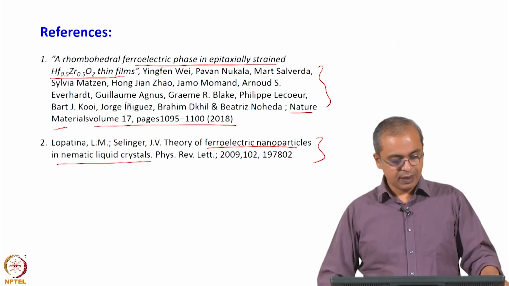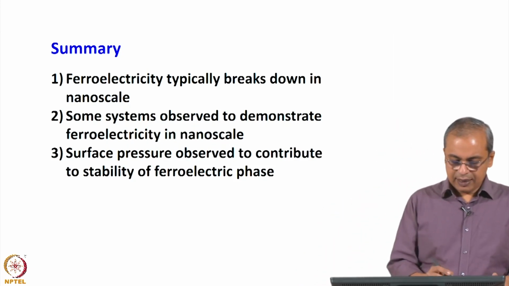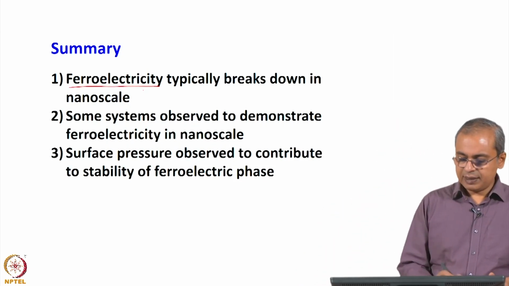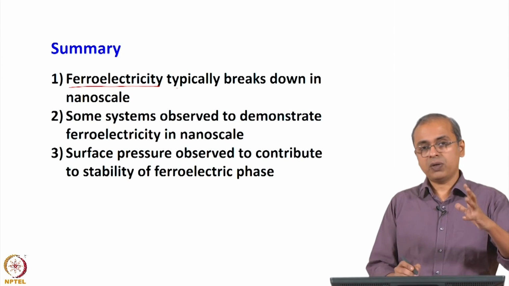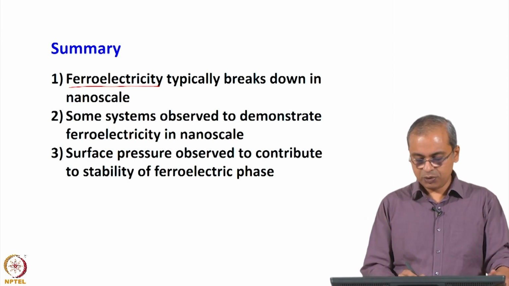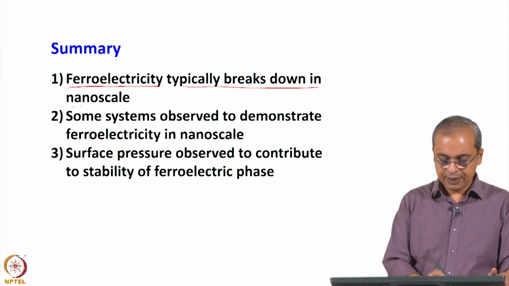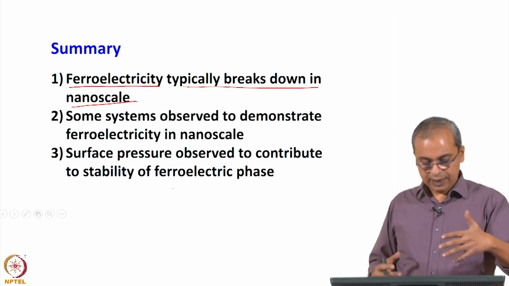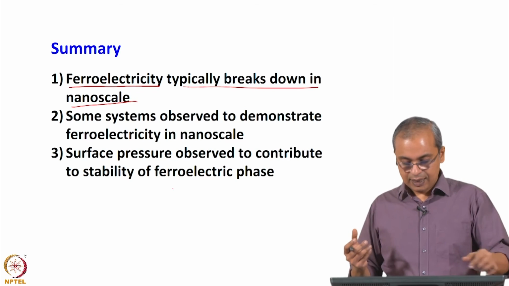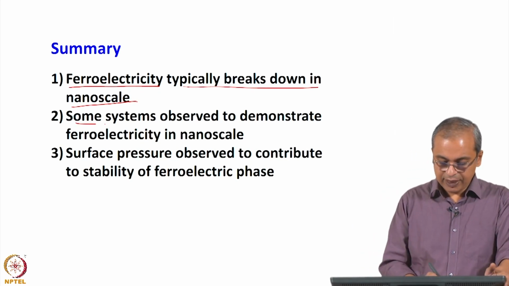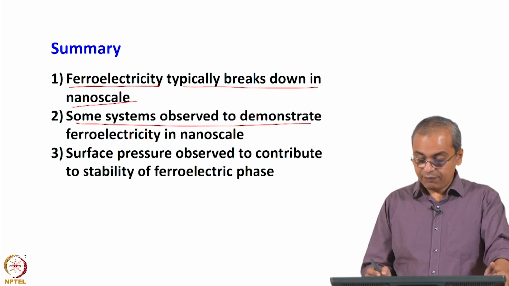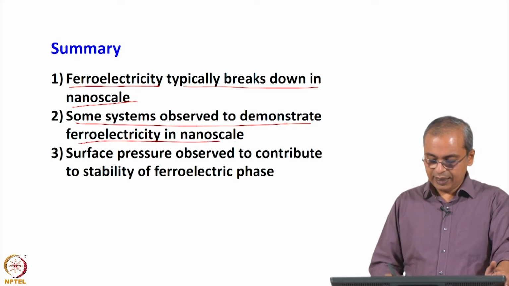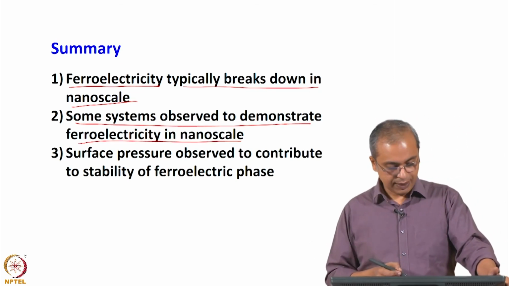So, in summary, generally it has been seen that ferroelectricity or ferroelectric behavior typically seems to break down in nanoscale. At the same time, studies have shown that in some systems, interestingly, the ferroelectric behavior seems to be visible, in fact particularly in the nanoscale as opposed to the macro scale.